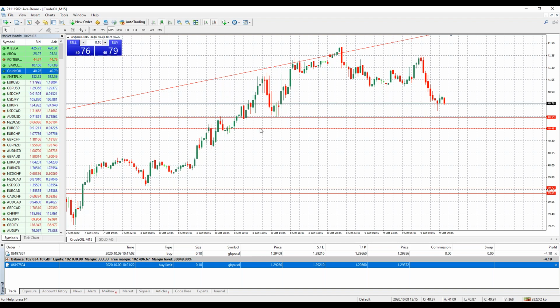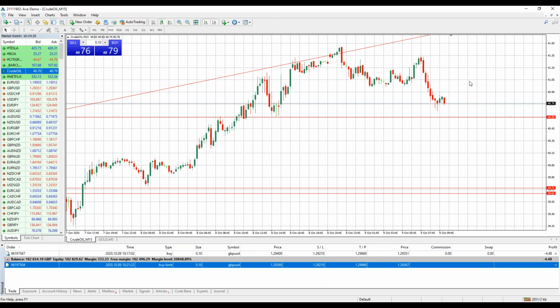Okay, this level here, let me get rid of this line. This level that I drew here for crude oil was resistance and then broke through and became support, support here, support again, and held. So now as this is dropping, if it gets to this spot, it very well could bounce back up, especially if there's reason today for oil not to break support levels.